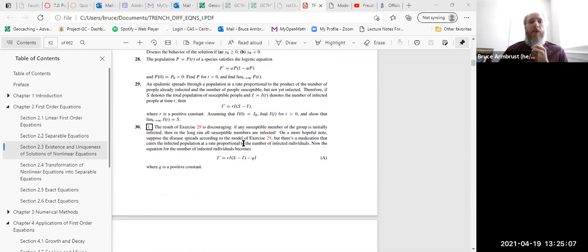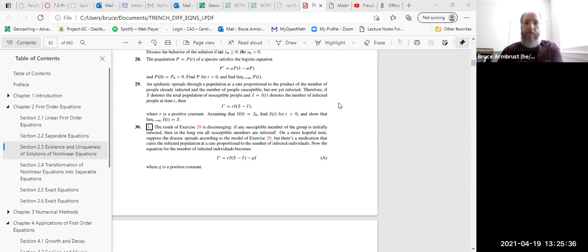But okay, what's going on? If you look at number 29, they're talking about an epidemic spreading, a little bit appropriate to the world we're in right now. But it's basically just saying that this is the rate of change for it. But in 30, we're going to add a little twist to it. We're going to put in a way to get rid of infected people.